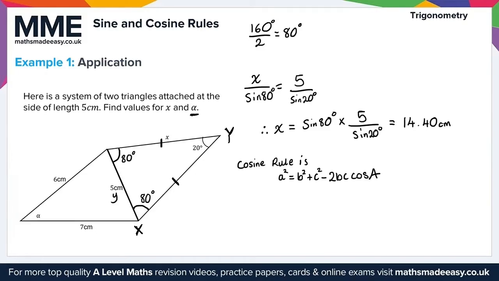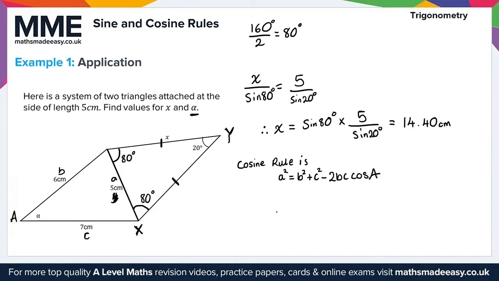And all we need to do now is label appropriately here the values that we want here using a, b and c. Now as we want the angle here of alpha, what I'm going to do is label this side here now. So let's get rid of that y, let's call this a. That means this will be capital A, then this angle here. Okay, so that's going to be our cos A. And then in that case, it doesn't matter which one of these two you label B and C. I'm going to label this one B here, and this one C. But again, it doesn't matter too much.